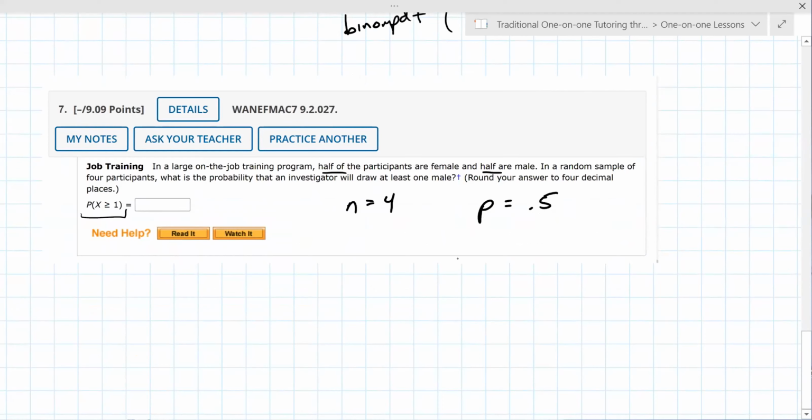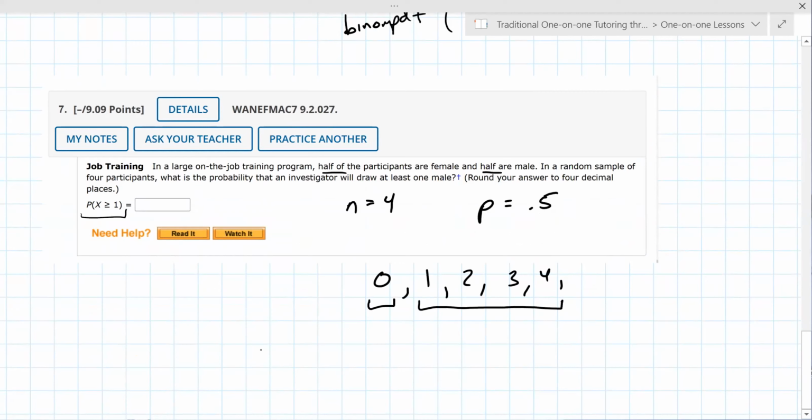Your calculator does not do this directly, and this is the only kind of explanation we need. So I'm going to write 0, 1, 2, 3, 4. I guess 4 is the end point. So greater than 1 includes these, but you don't want those. You want the other side. So there are 2 options here.